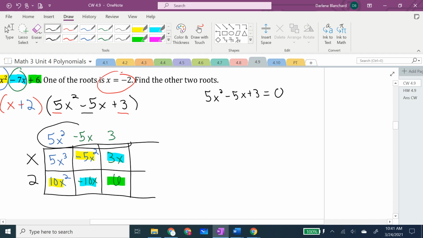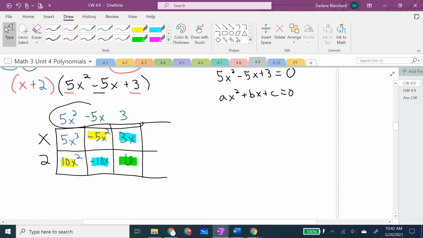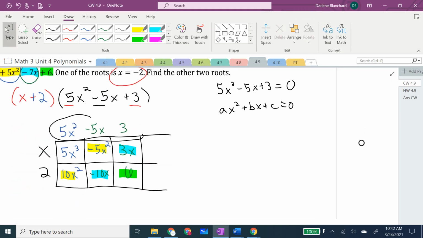We are trying to solve for this polynomial being equal to 0. And if you have an ax squared plus bx plus c equals 0, the solution to that equation is, drum roll, and here it comes. If this will cooperate. No, it's not cooperating.